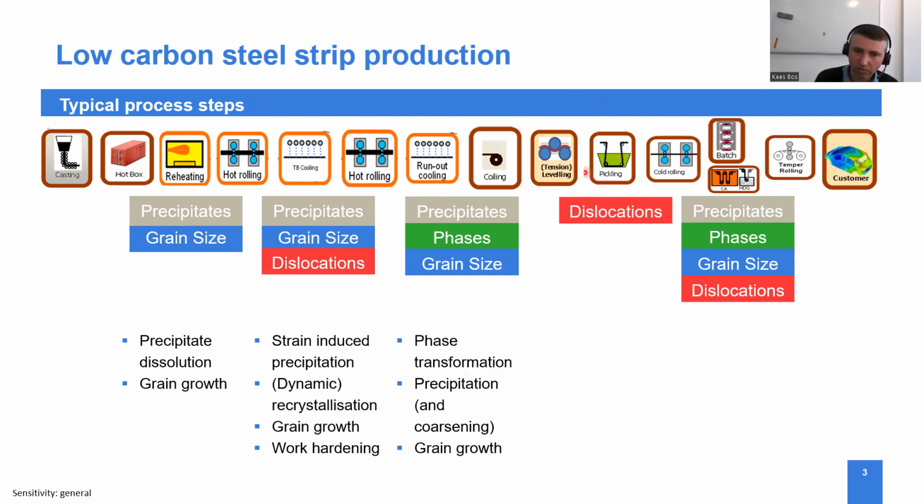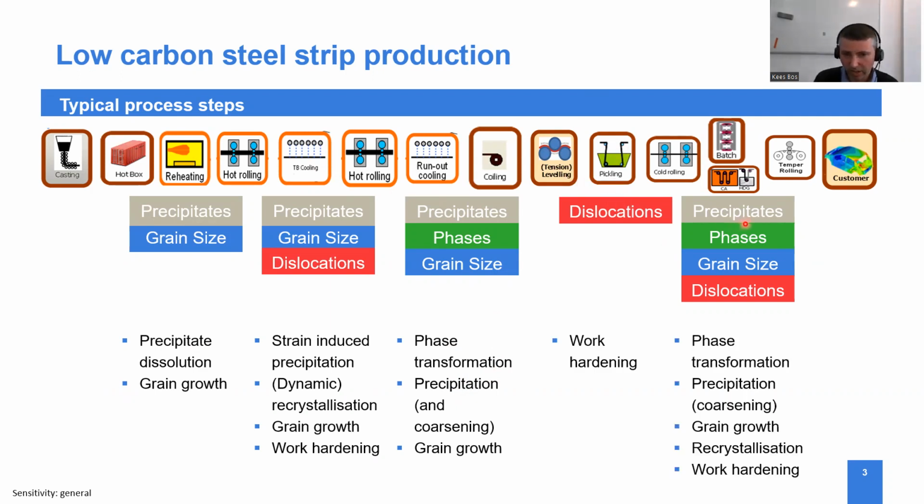And then the cold temperature deformations are all about work hardening. And in the annealing lines, again almost everything applies again. So I think this sets the scope if you're talking about a through process model that has to describe the evolution of the microstructure and the mechanical properties. So it is a lot.